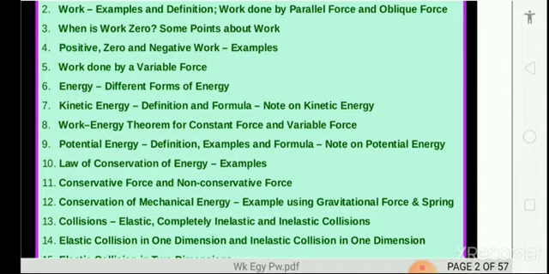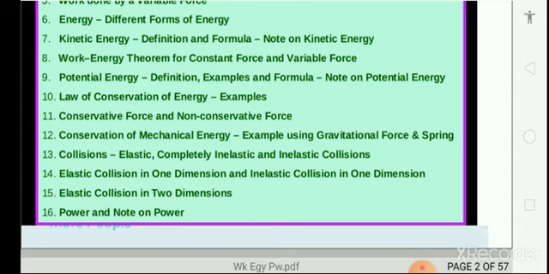Laws of conservation of energy and its examples. Conservative forces and non-conservative forces, conservation of mechanical energy, examples using gravitational forces and spring.